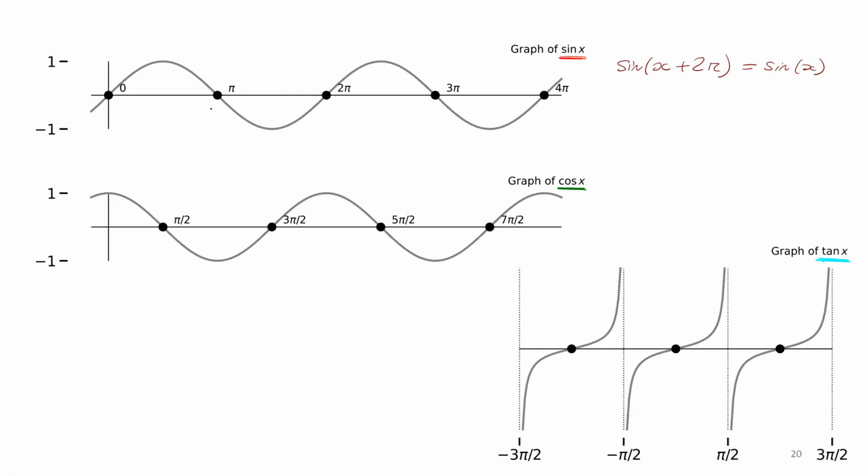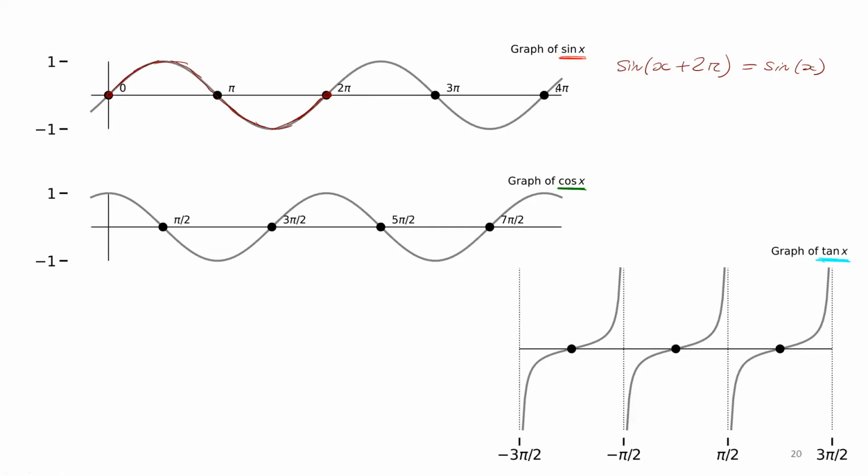I see that also in the graph because, for instance, sine 0 is 0, sine 2 pi is equal to 0. The sine function does one oscillation between 0 and 2 pi. But once I go beyond 2 pi, the function does exactly the same thing again.